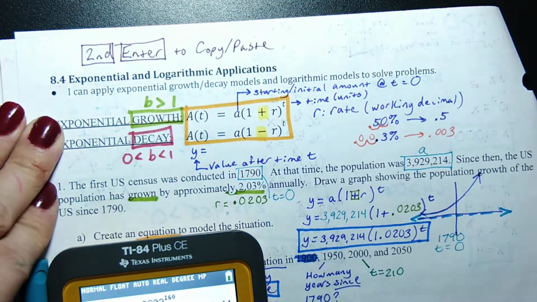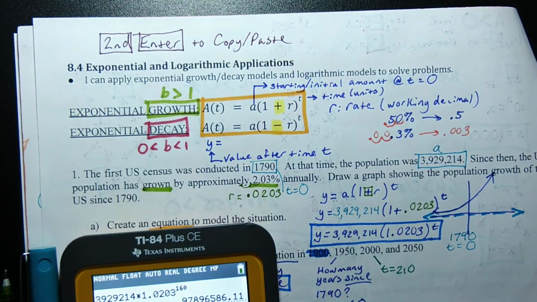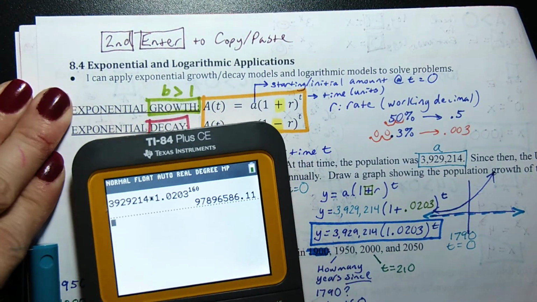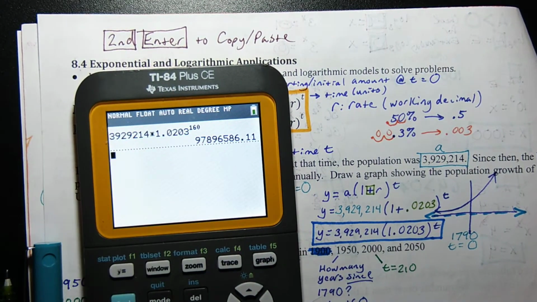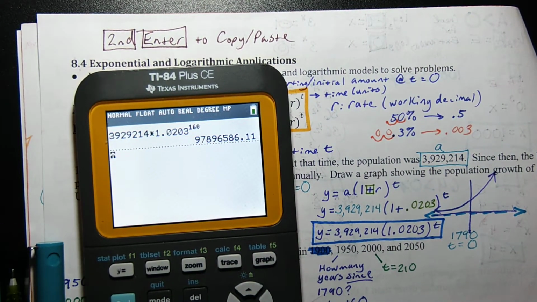And it will do that for the previous line. So instead of typing all that in again, I hit second, I hit enter, and now I can override that 160 with 210. Ta-da!